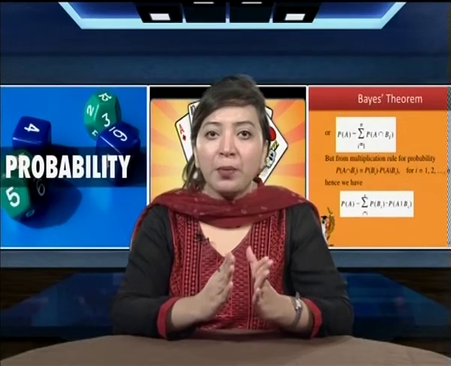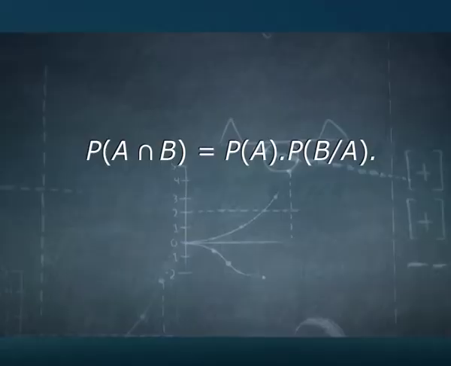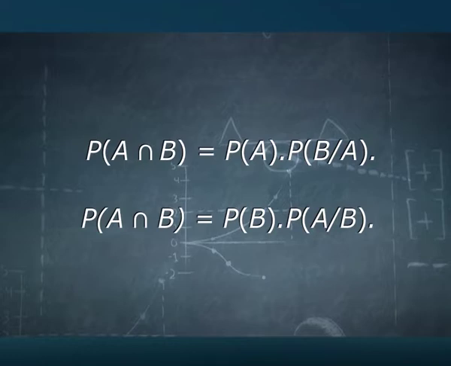Now, multiplying both sides of the equation by probability of B, we have probability of A intersection B equals probability of A times probability of B given A. Similarly, probability of A intersection B is equal to probability of B times probability of A given B.